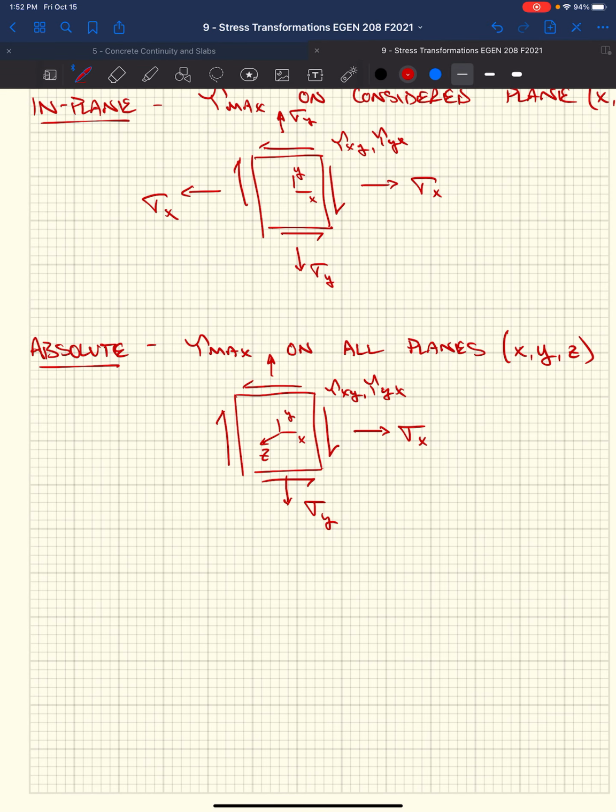So if we were to look at the fact that we originally started with our plane stress, it looks like this, but we know that it's 3D, so we've got this z stress acting on the z faces, front and back of this block. Now we can draw a stress block where we have x and y coordinates.